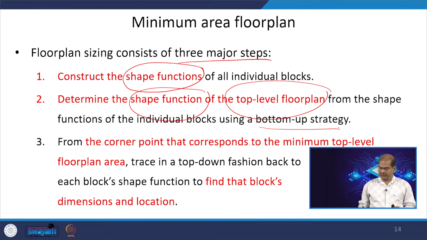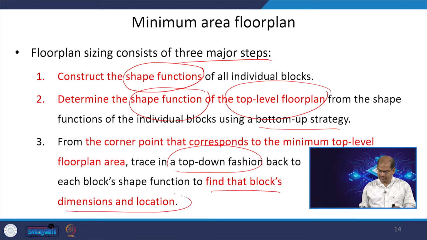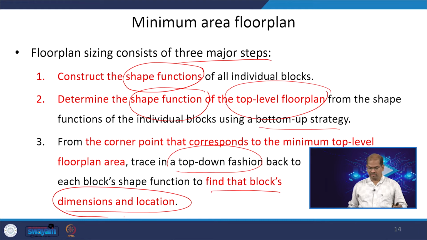Third, from the corner point that corresponds to the minimum floor plan area, trace in a top down fashion back to the block shape functions to find each block's dimension and location. Finally, we need to find each block's dimension and location to determine the floor plan area.